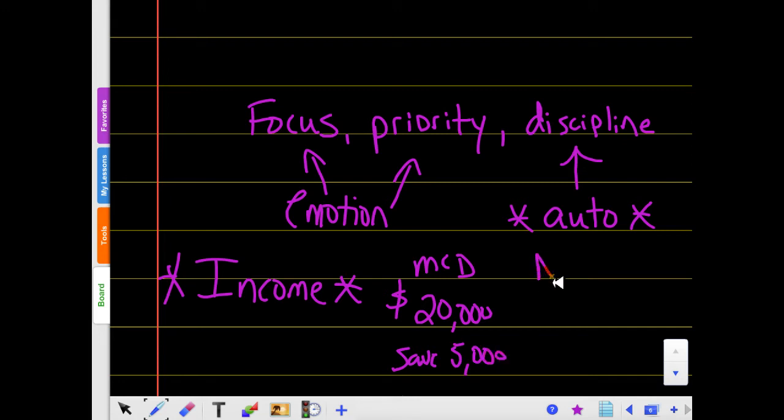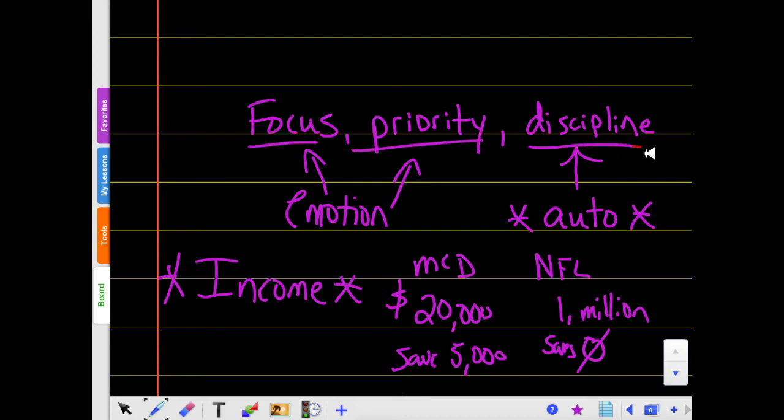Let's talk about an NFL player who makes $1 million, just as an example, and saves zero because he's spending it on all kinds of things. We have the McDonald's person who had a better savings rate. So savings rate has nothing to do with how much money you make. It has to do with whether or not you're focused, make it a priority, and whether or not you actually do it. And so keep that in mind as well.